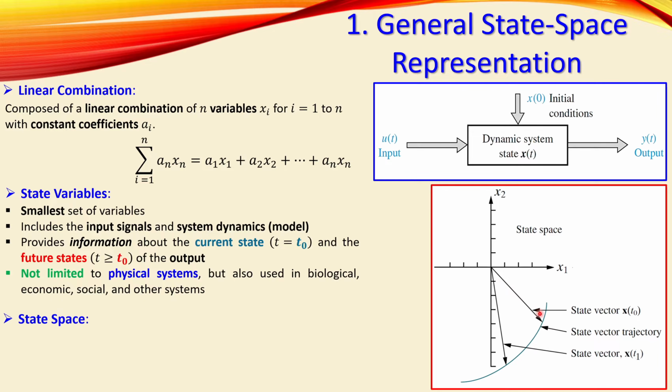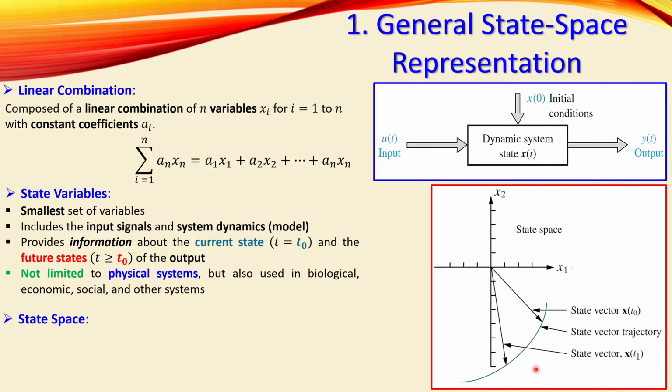Now you have this vector that will have some trajectory, so it will go in a specific path. At the beginning, it has this position, so the length and also the angle, but at some specific time later, it can be here. And then we have this path. In this case, you also create a space.